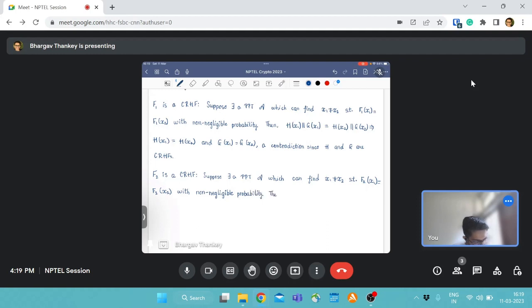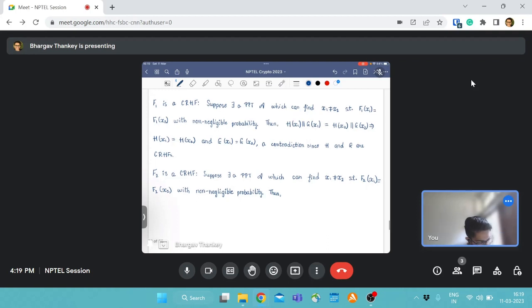And okay, what is f2 of x1? It is just h of x1 concatenated with 1, and f2 of x2 is just h of x2 concatenated with 1.